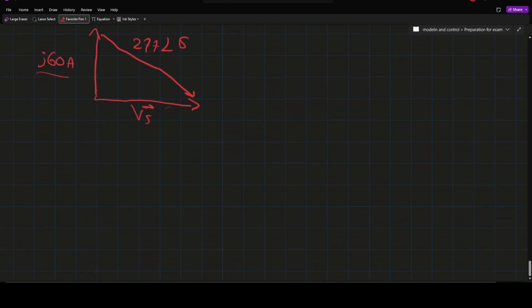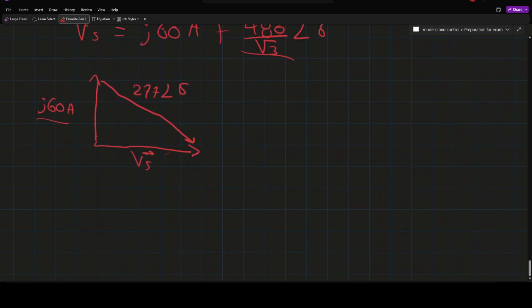So from here we can figure out the value of VS, because we know that the magnitude of VS is going to be equal to the square root of 277 squared minus 60 squared.